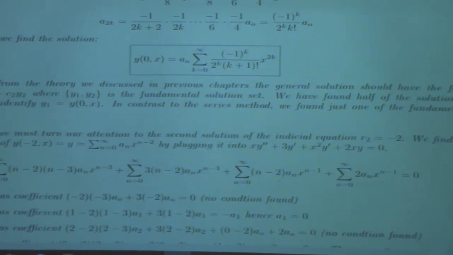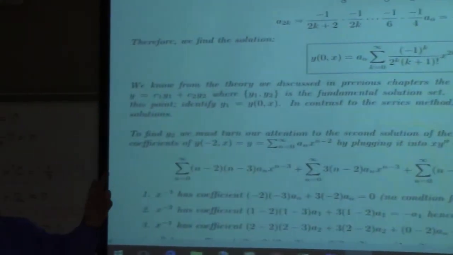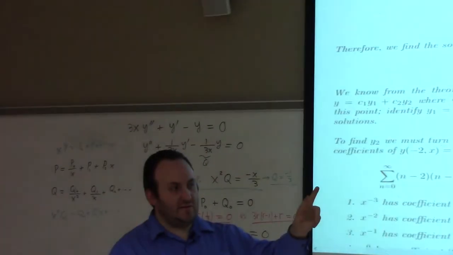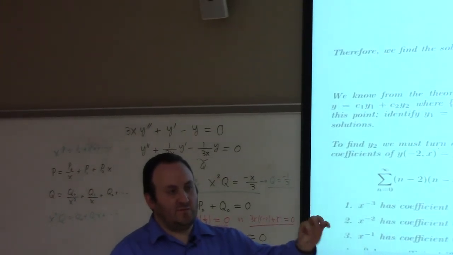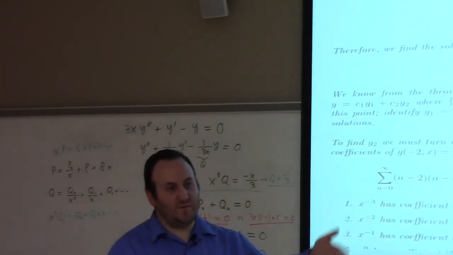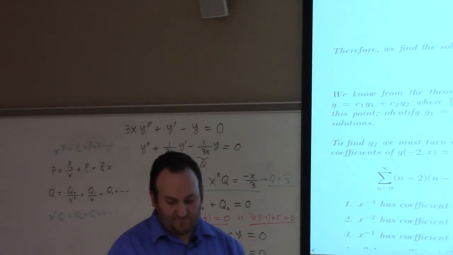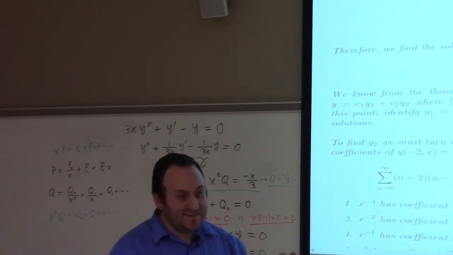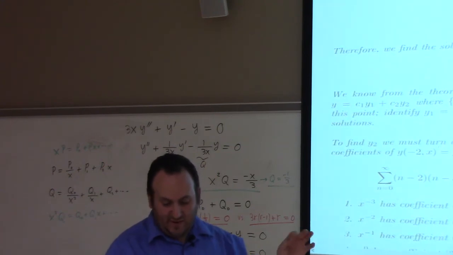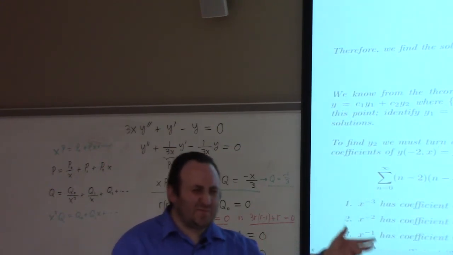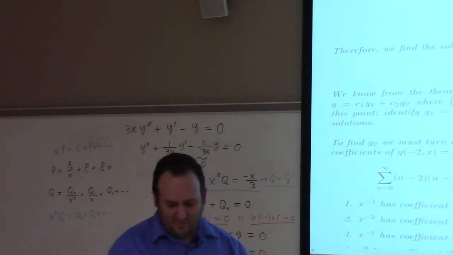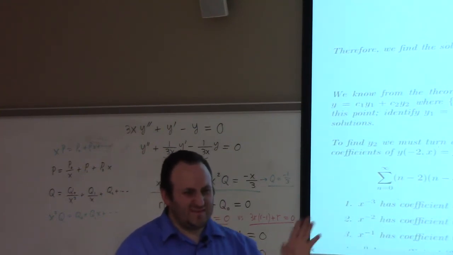A, if R1 minus R2 is not an integer, so if the difference between the indices is not an integer, then basically what it says is you repeat the method twice. You find 2 Frobenius solutions of the type I've shown you today. However, if they are repeated, then you get one regular Frobenius solution and another one that's the log times the first one plus a Frobenius solution.